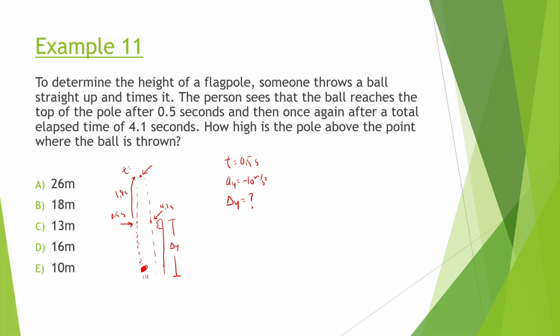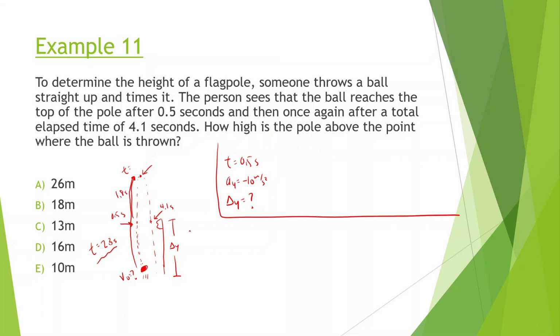So what I'm going to do is try to find what this initial velocity is, knowing that from here to here, it took a time of 0.5 plus 1.8, which is going to be equal to 2.3 seconds. I hope that makes sense. Watch it again if it didn't. Okay.